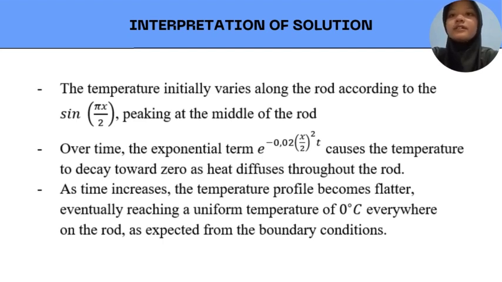Second, over time, the exponential term causes the temperature to decay toward zero as heat diffuses throughout the rod. And third, as time increases, the temperature profile becomes flatter, eventually reaching a uniform temperature of 0 degrees Celsius everywhere on the rod, as expected from the boundary conditions.